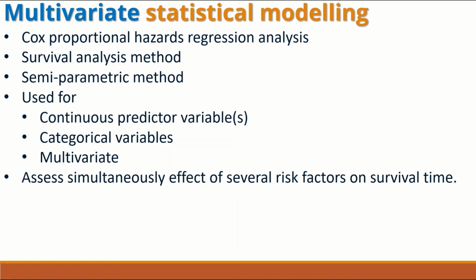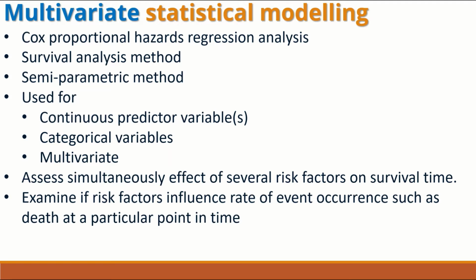The regression assesses simultaneously the effect of several risk factors or predictors, whether they are continuous or categorical, on the survival time, and it will examine if the risk factors influence the rate of an event occurrence, such as death at a particular point in time.